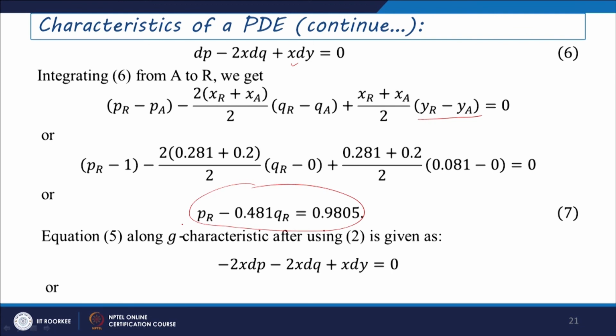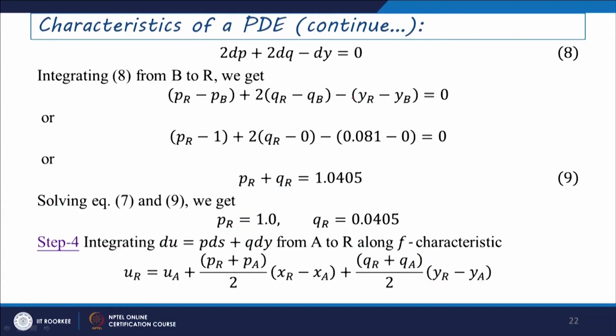So, if you go for equation 5 along the g characteristics, after using equation 2, it can be represented as minus 2x dp minus 2x dq plus x dy equals 0, which is nothing but 2 dp plus 2 dq minus dy equals 0.